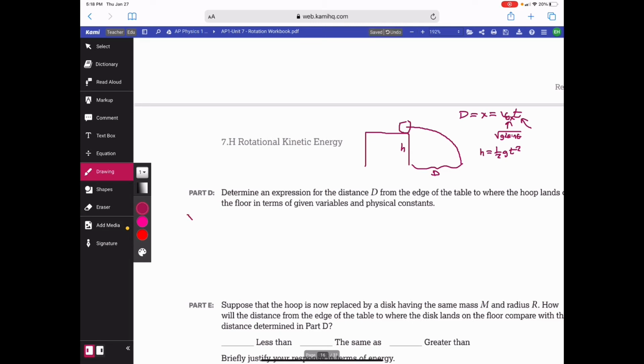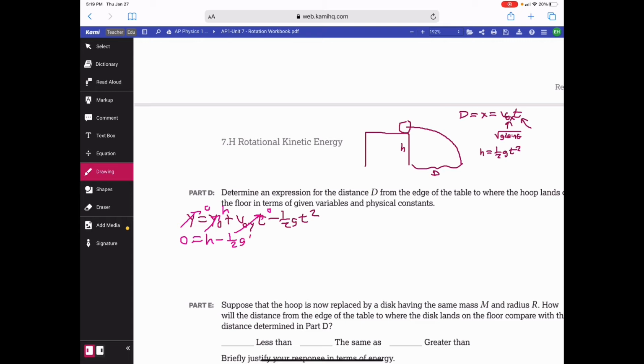So y is equal to y naught plus v naught y t minus 1/2 gt squared. y on the floor is 0, y naught is the height, v naught y t is 0 because we horizontally launch it, and we have 0 is equal to the height minus 1/2 gt squared, which means the time is equal to the square root of 2h over g when you solve it for that.